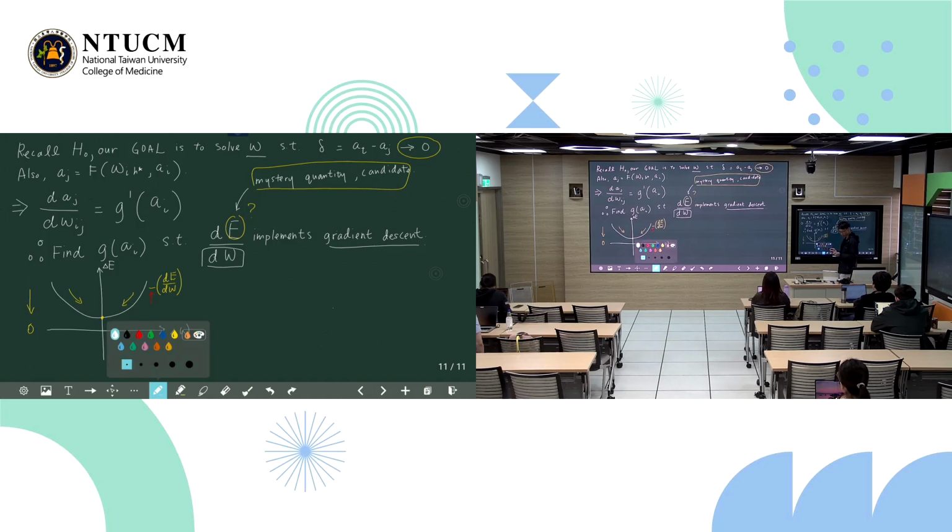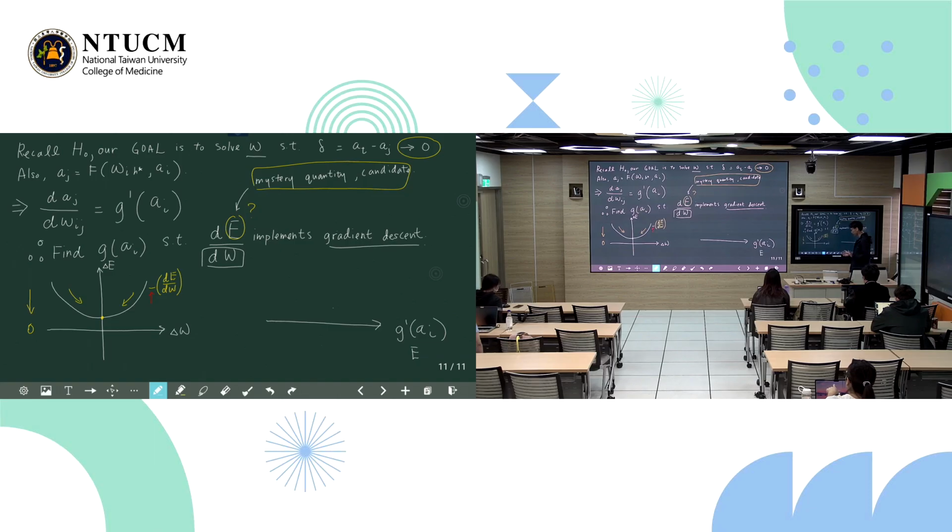What he wants to do is to show that this function, whatever it does, which let's call E, the candidate, relates to the change in the candidate function with respect to the change in weights as a negative 1.